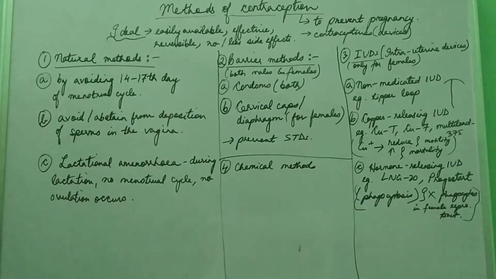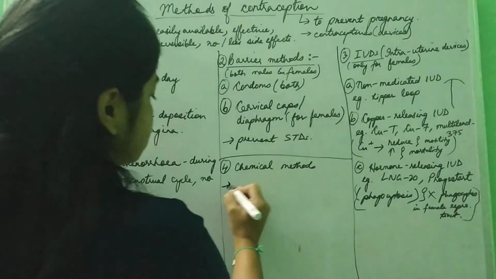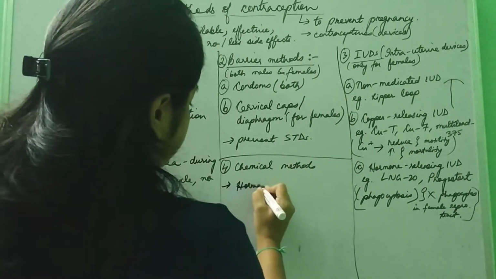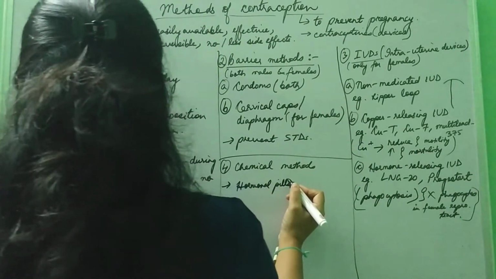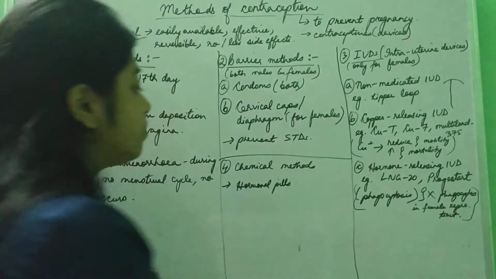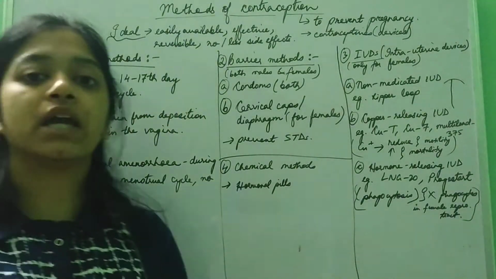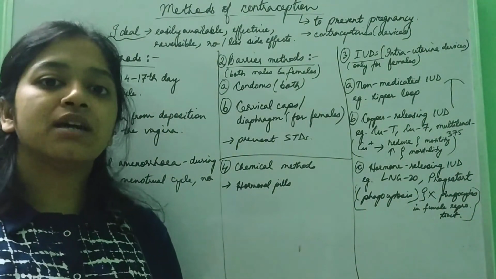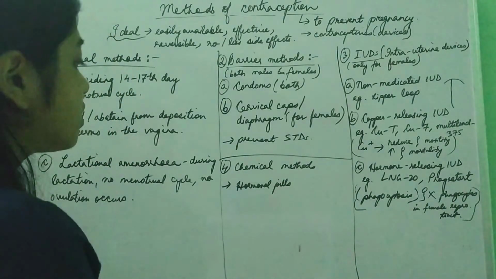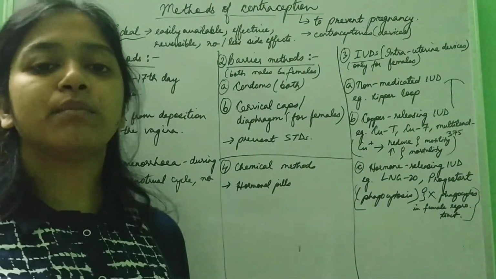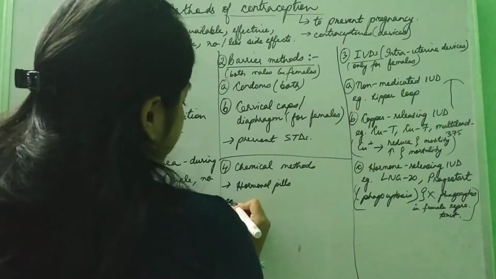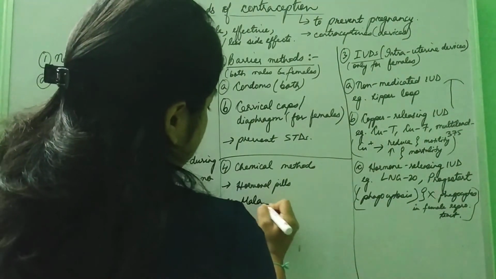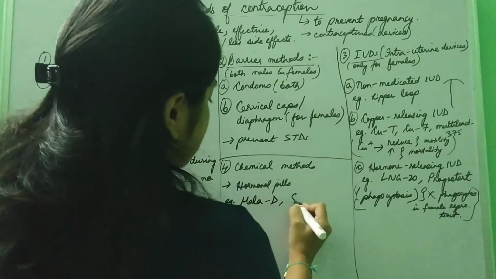You have heard about hormonal pills, which are taken orally and pregnancy is prevented. These hormonal pills can be purchased from any medical store. Examples are Mala-D, and then Saheli.